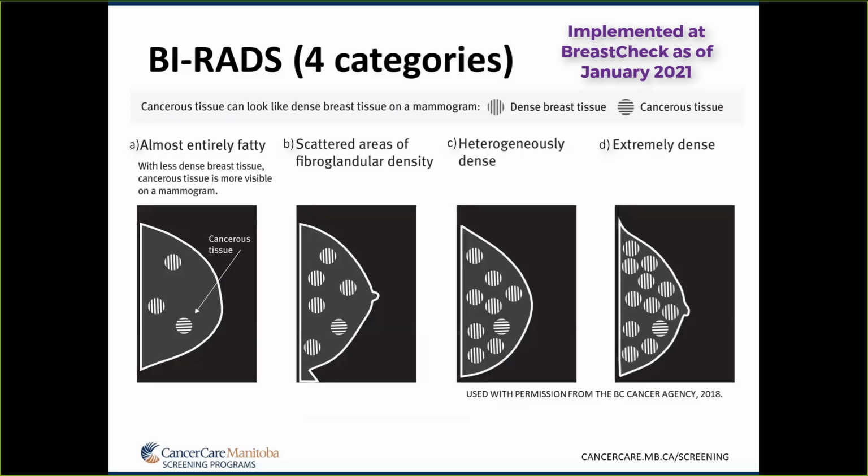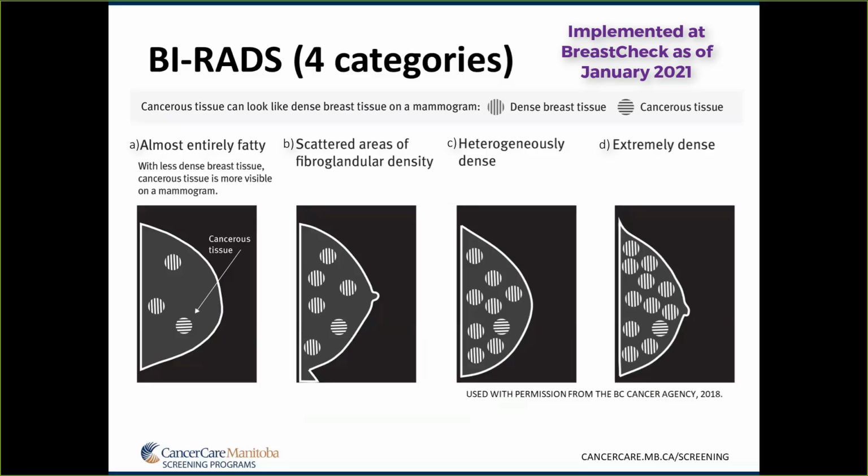BI-RADS has more recently added a separate category for breast density, where they've divided the breast spectrum into 4 categories, A through D, with category A being almost entirely fatty, which is the image on the far left. So you could imagine that a very small cancer, which would probably be white, would be very easy to detect, and it is.